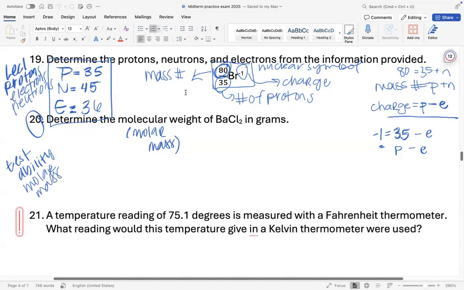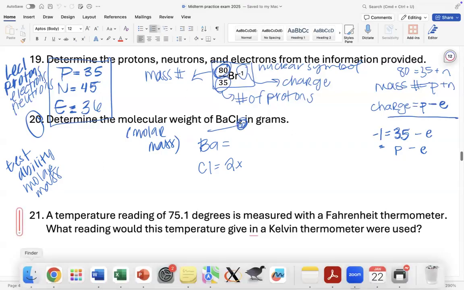You would have to know how to calculate it. If I have barium chloride, I have one barium and then two chlorine atoms. So I need to figure out the weight of just barium and then the weight of chlorine. And I got this 2 because there's a 2 here on the formula.